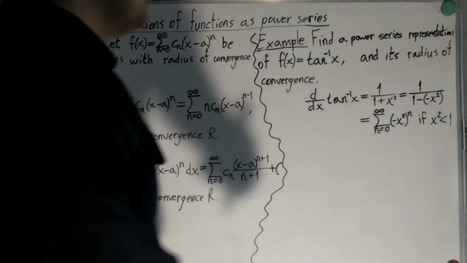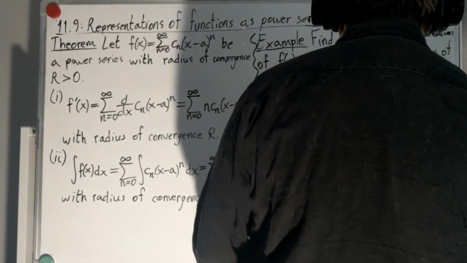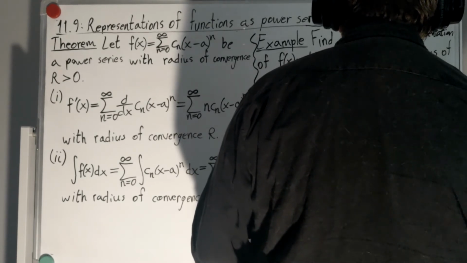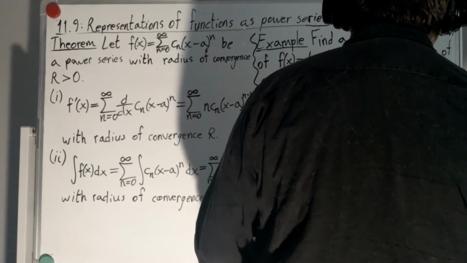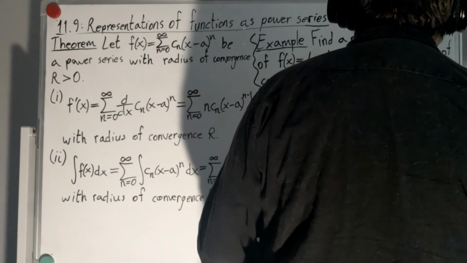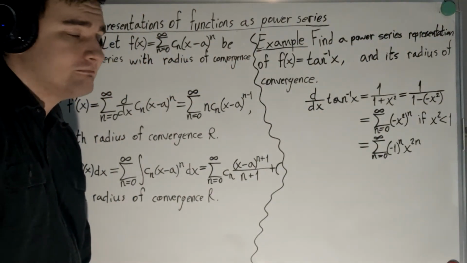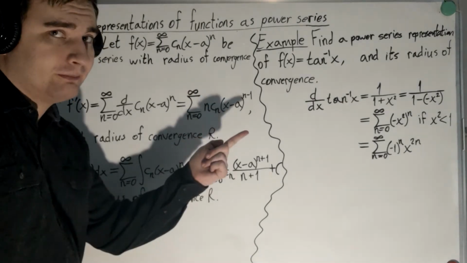And then that's the same thing as the sum from n equals 0 to infinity of negative 1 to the n times x to the 2n. Okay, so that's the derivative.